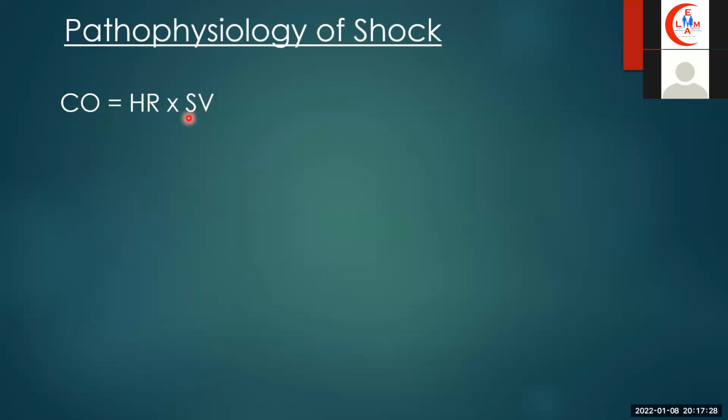Okay. So the stroke volume depends upon what? It depends upon three things: the preload, contractility, and the afterload. The preload is basically the venous return, the amount of the blood coming from the tissue to the heart. It is what we call the end diastolic volume, and this is the stretching of the heart.